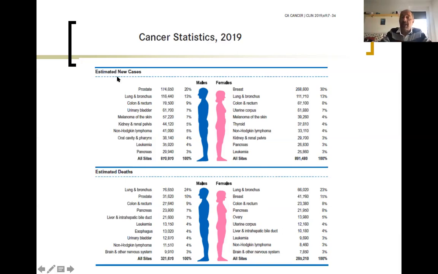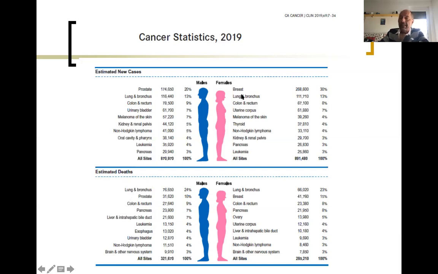For men, in terms of incidence, you have prostate first, then lung, colon, and urinary bladder. In mortality, first is lung again, second is prostate, and then colon, pancreas. I just want to say that it is significant that lung used to be by far the first, still the first in mortality, but it used to be by far the first also in incidence. Now it is going down, and has been surpassed by prostate in men.